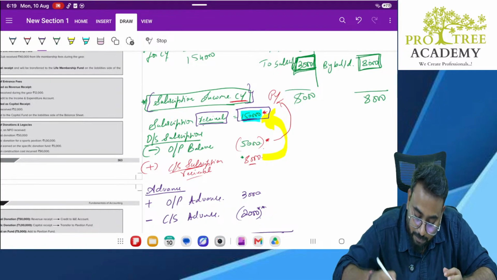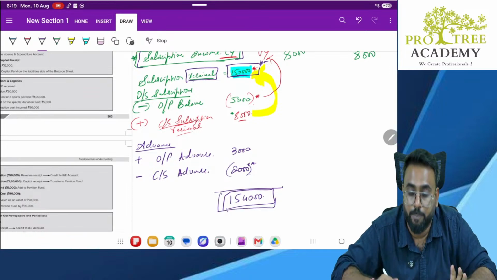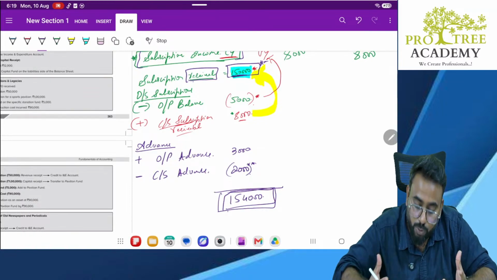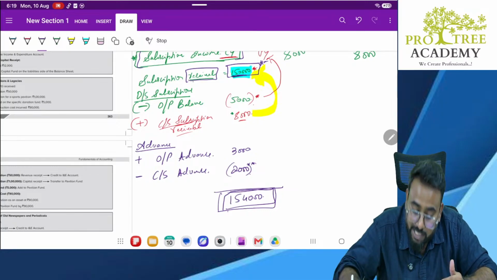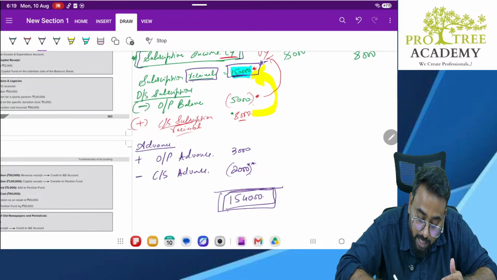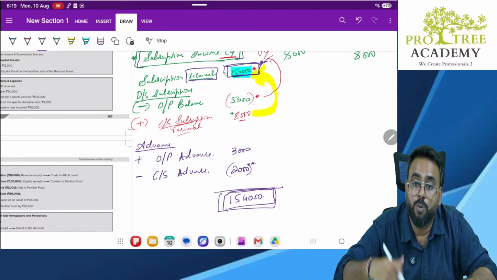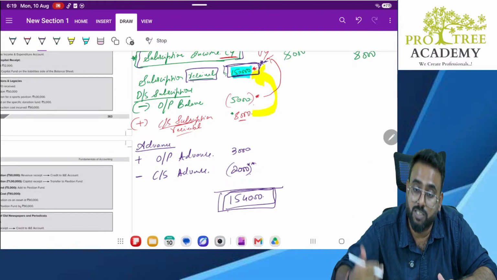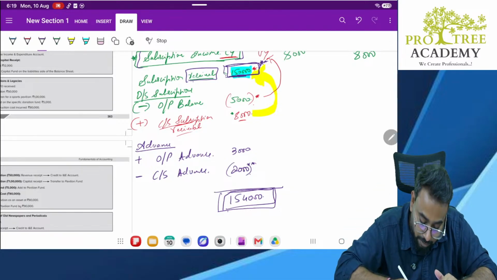So, from this figure, how do we calculate the subscription income? We have to do the reverse calculation. Whatever subscription belongs to last year and has been received in the current year will not come in the current year income. That is why we minused it. And whatever subscription receivable is there, which is not received and not included here, needs to be added. That is why we are adding it.